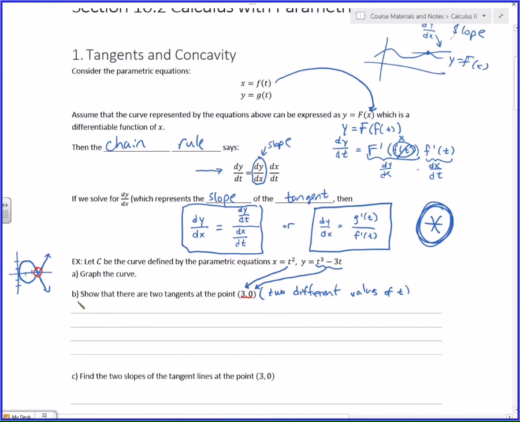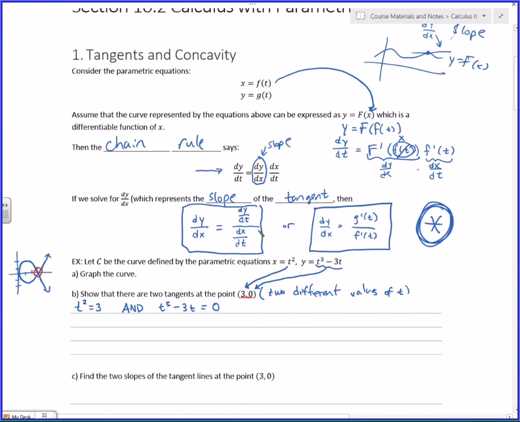So you have t squared equals 3, and t cubed minus 3t equals 0. So we need to find the values of t that solve both of those at the same time.